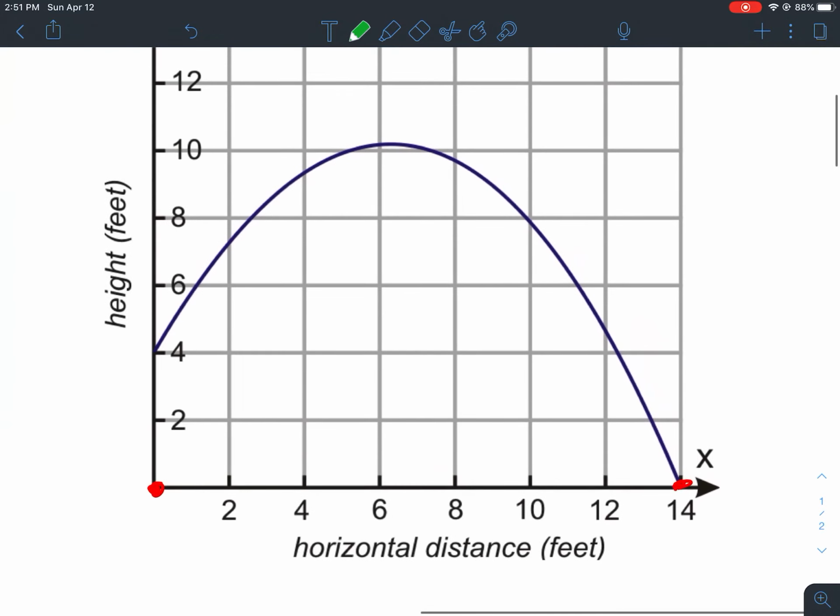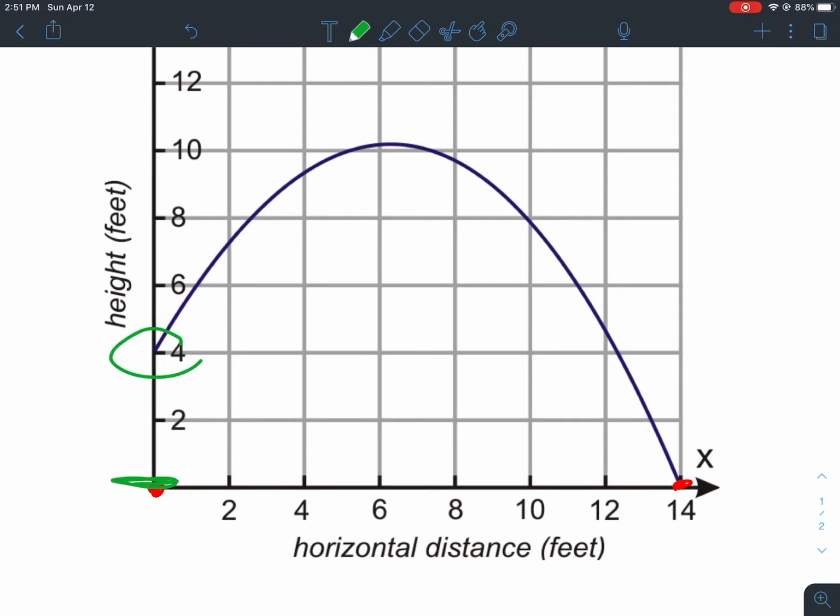If I'm looking at this graph, what's the most bottom this graph goes? You might think the most bottom is right here. But that's not true, is it? Because if I look, it hits the bottom here. So the height of the ball could be 0. It could be on the ground. You have to remember this person was standing on a box that was 4 feet high.